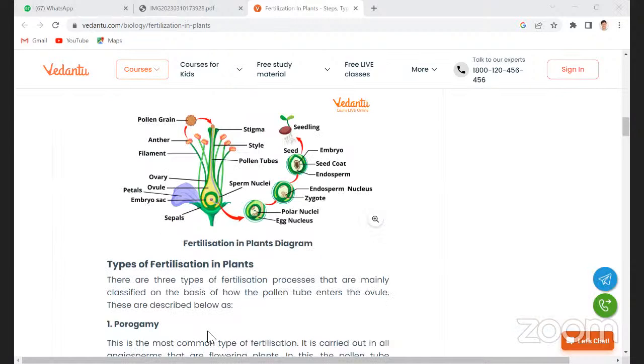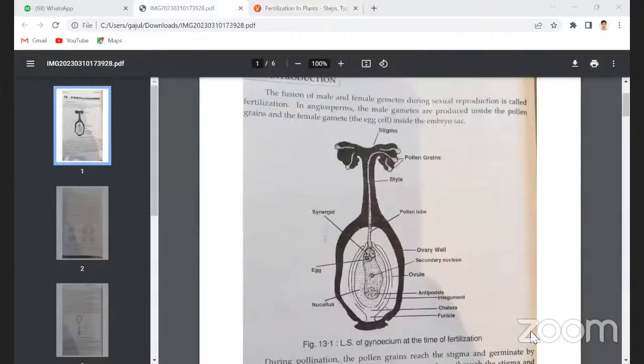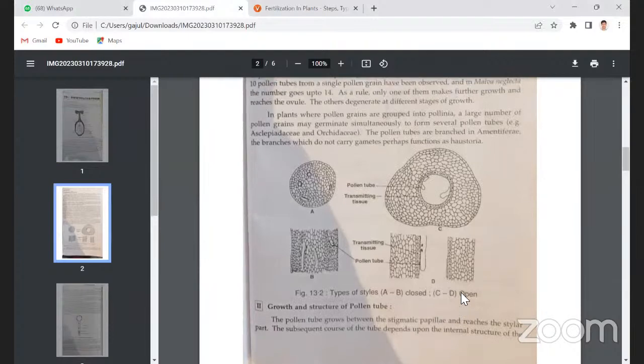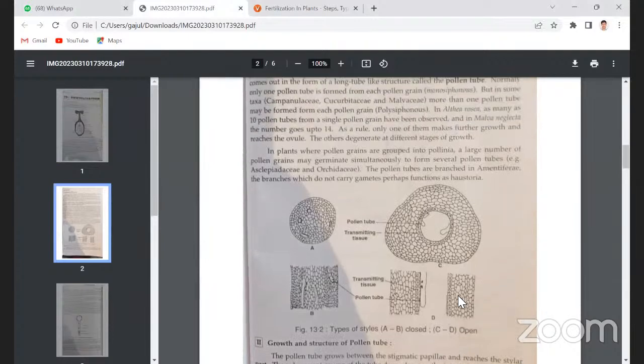So here I will share these, the types of styles. How the styles are there.